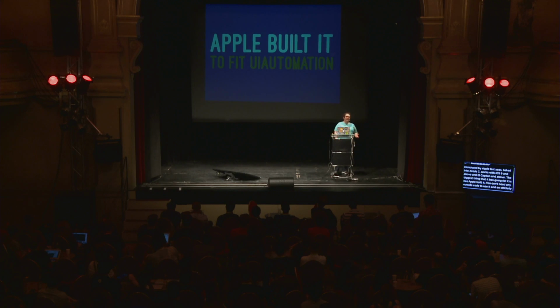But one really key thing to be aware of is that Apple built XCUI on top of UI Automation, which was the JavaScript framework that they used to use for a lot of UI testing. And a lot of people hear that and go, wait, JavaScript? The reason that was the choice when it was originally built was that the originally intended audience was QA automation engineers within Apple. And QA automation engineers could way more easily learn JavaScript than they could learn Objective-C.